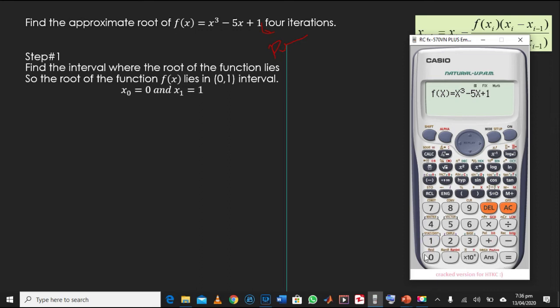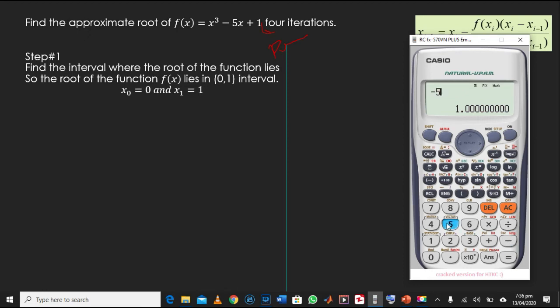You need to construct a table for the function. From that table, using the intermediate value theorem, we can find the interval where the root of the function lies. After putting your function in your calculator, press the equal button, and it will ask you for the starting point of the table.